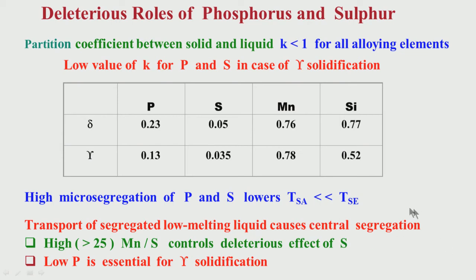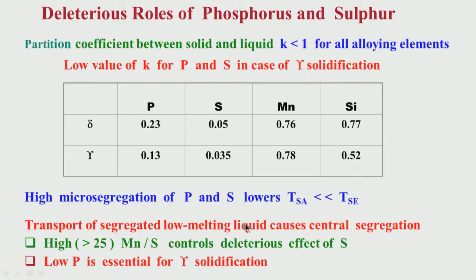If you measure the concentration of the alloying elements at the center and at the areas which have solidified earlier, you will always find the central portion of the cast is having more of these alloying elements. So, this segregated low melting liquid causes central segregation, and the actual solidus is also suppressed, becoming much lower.